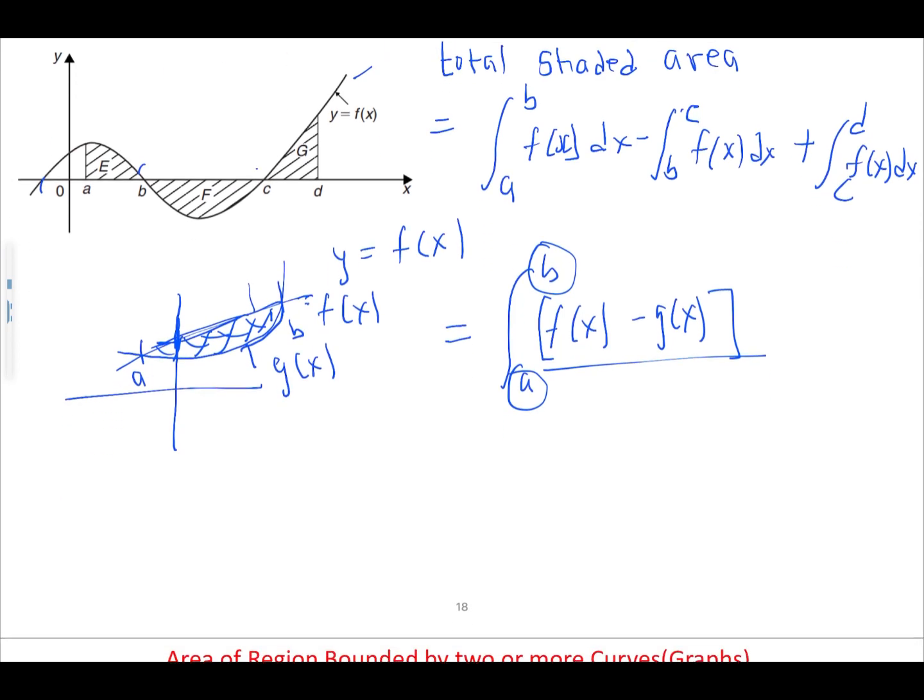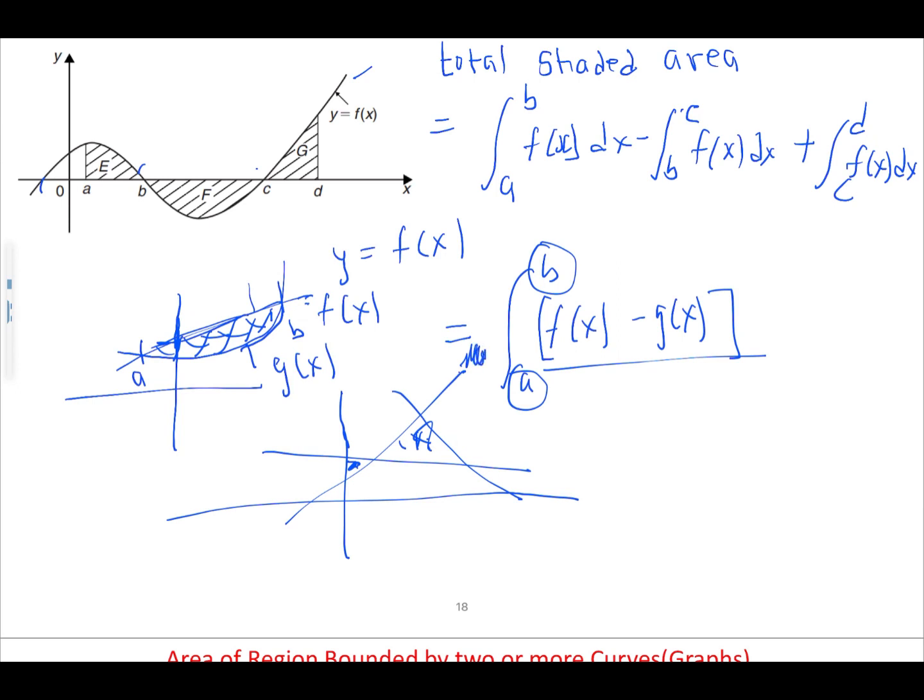The same thing can also be applied to functions like this. Sometimes you can see functions like this, and then this, and they ask you to find the area of the shaded portion. They can ask you for either this place or this place.